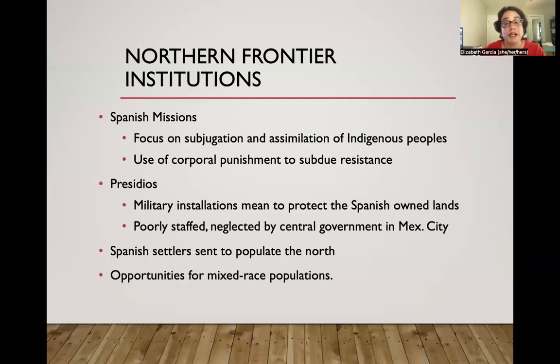Presidios were the more military institution, which consisted of military installations meant to protect the Spanish-owned lands from indigenous populations that were surrounding and resisting their encroaching and taking over of land. These, however, were poorly staffed and neglected by the central government of New Spain, which is found in Mexico City at this point.